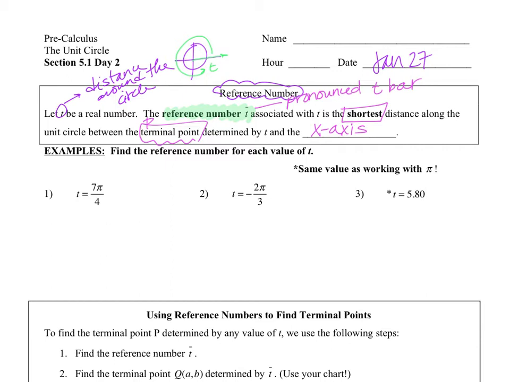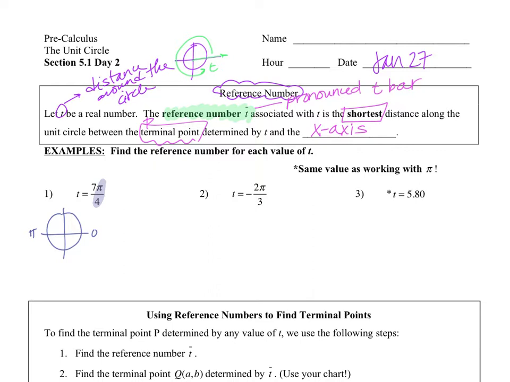So when I look at number 1 here, I'm going to draw a lot of pictures, and I think it's a good idea for you to get into the habit of doing that as well. So remember, we always start here, that's 0, over here is always pi. So here's what we're doing. We're specifically looking at this value, and that says 7 pi over 4.